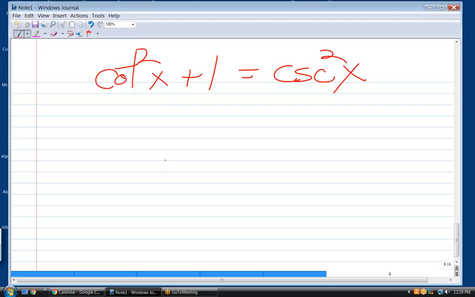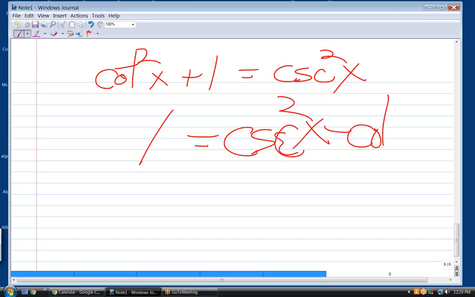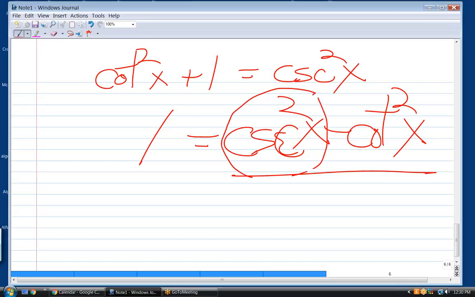alterations of it. In other words, notice that 1 is also equal to cosecant squared x minus cotangent squared x. We didn't ever do that one. So if you run across that, you can substitute 1 for it. The key is to realize you're looking at something that has a cosecant squared and a cotangent squared.